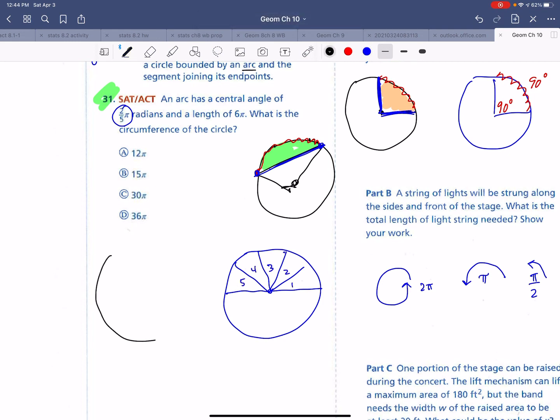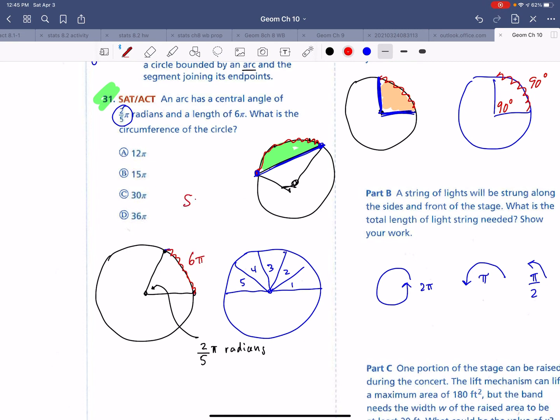Now this is not necessary for the drawing, but I like drawing things accurately because it helps me decide if my answer makes sense. So this central angle is 2/5 pi radians. The arc has a central angle and a length of 6 pi. So this is our S, and this is 6 pi.